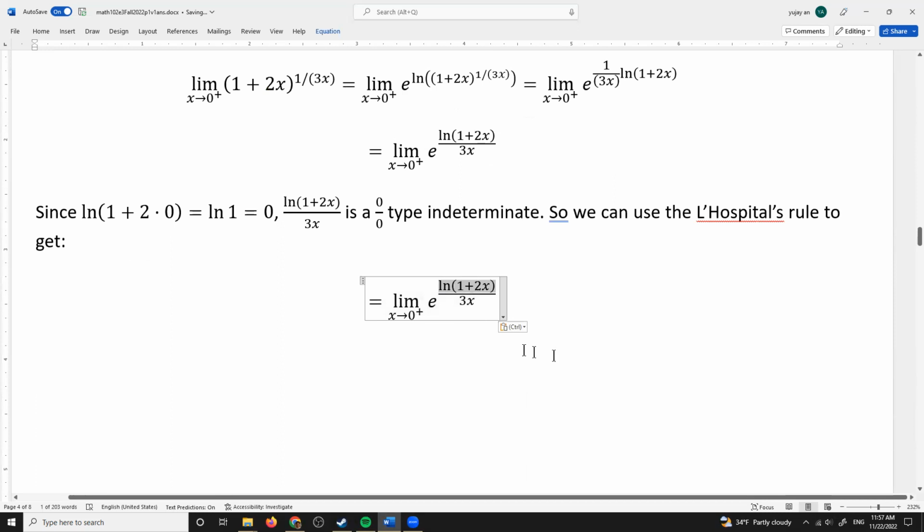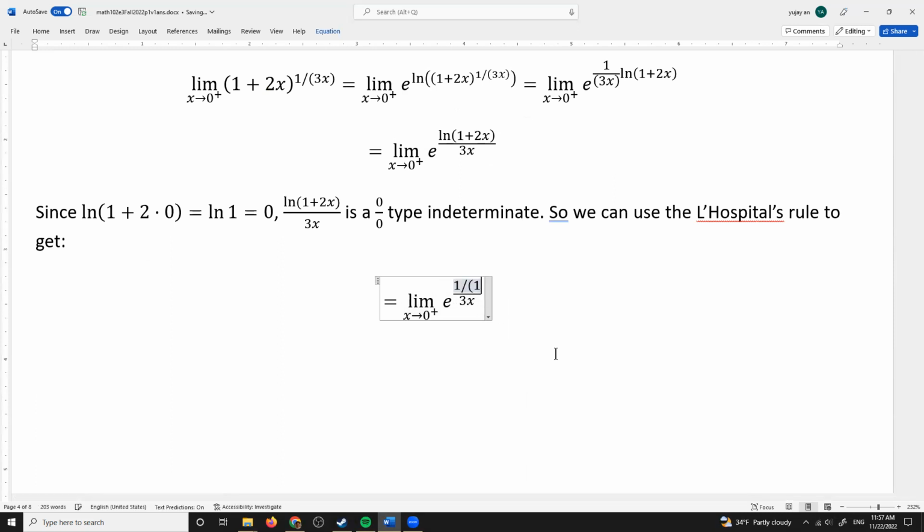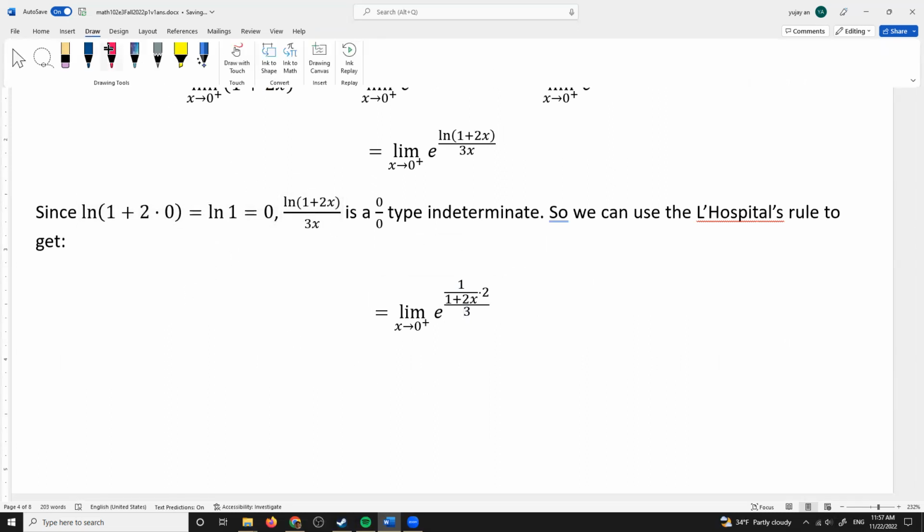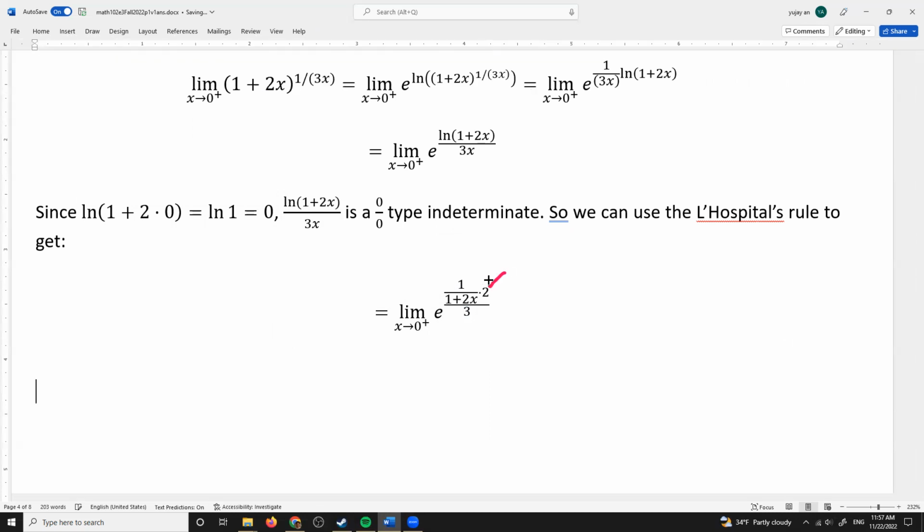So we differentiate ln, we get 1 over 1 plus 2x, but then you have to multiply by 2, and if you differentiate 3x, you just get 3. Okay, and maybe I should say right here, this is a chain rule.